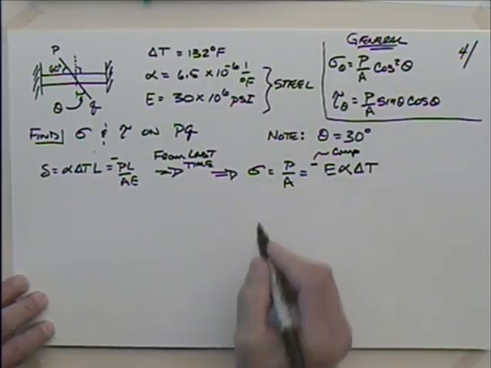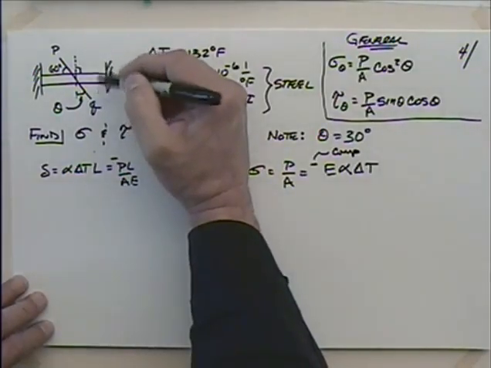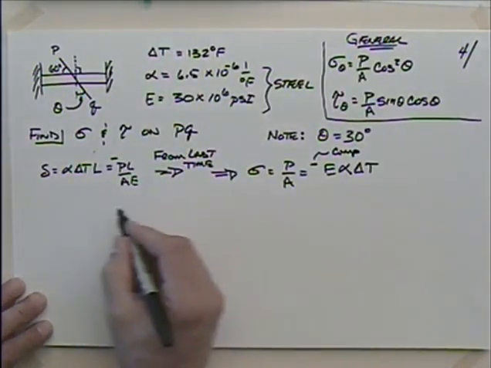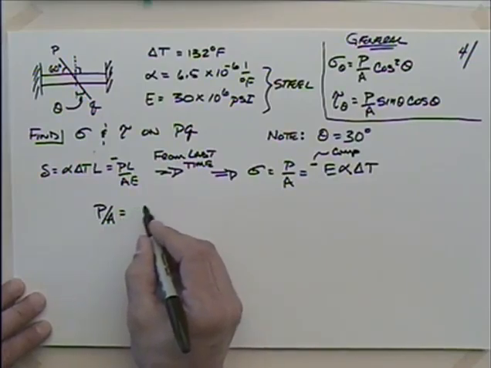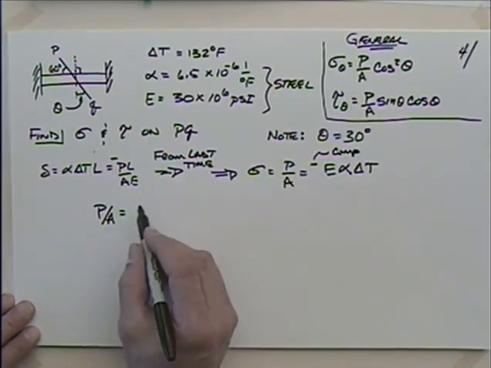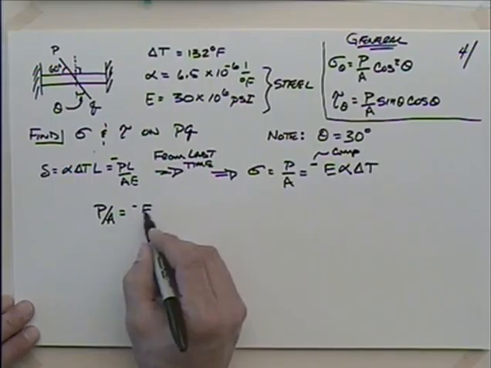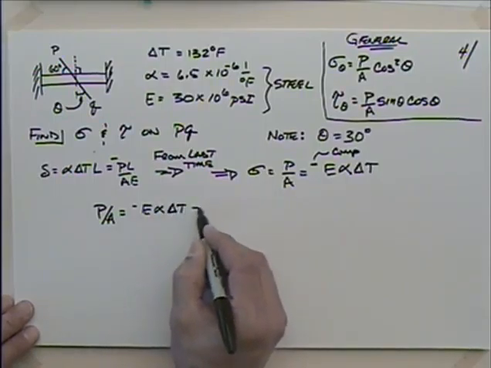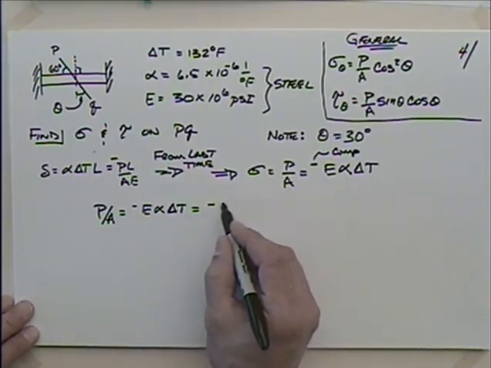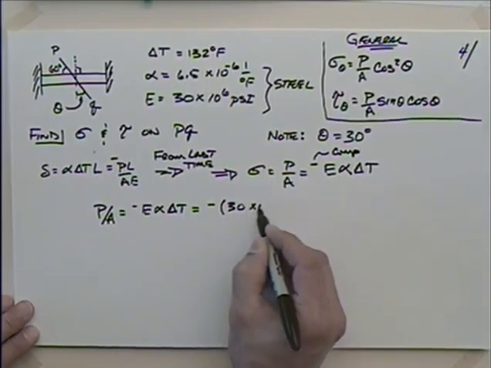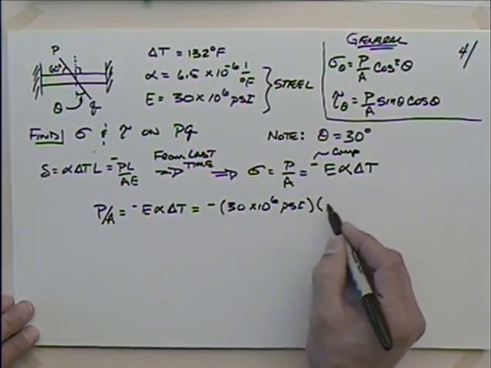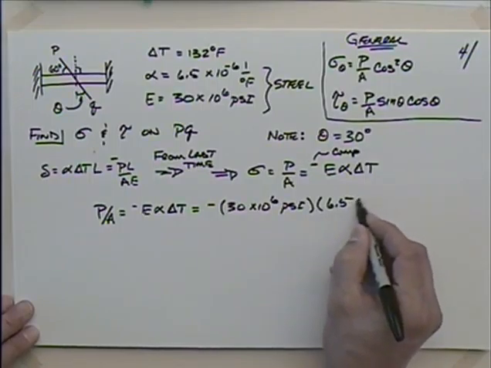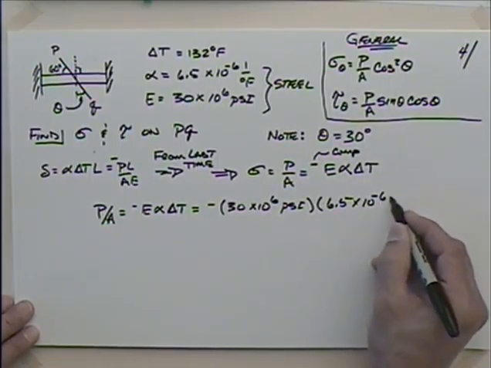I don't have to worry about the angle yet because I'm just looking at the normal plane. So P over A is equal to minus E alpha delta T. What's E? 30 times 10 to the 6 psi, times alpha, which is 6.5 times 10 to the minus 6. Those should be nice numbers.